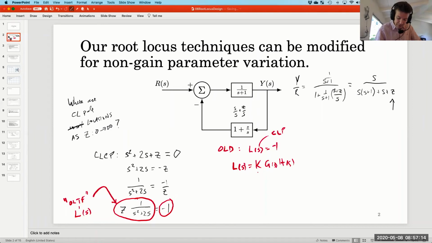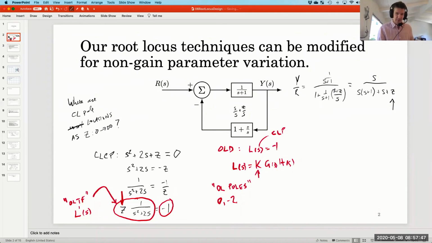But what's important is that the thing that was varying was out here. Look at this. The thing that's varying is a multiplying factor out here. So this means that the open loop poles in giant quotation marks here are going to be 0 and -2, because the air quote open loop poles are the poles of the air quote open loop transfer function.